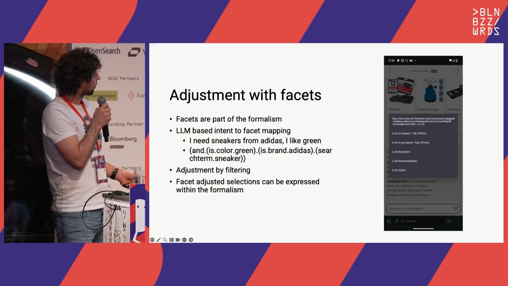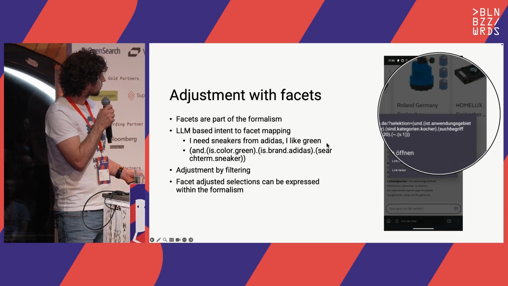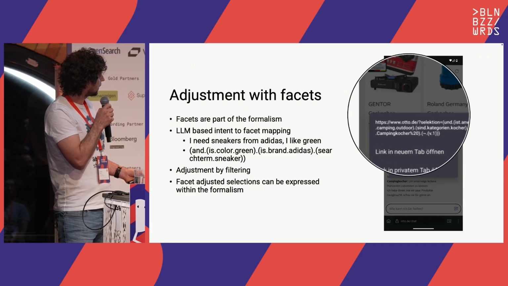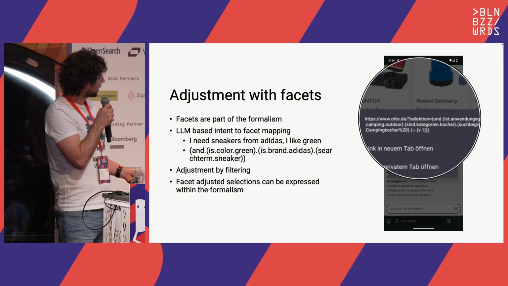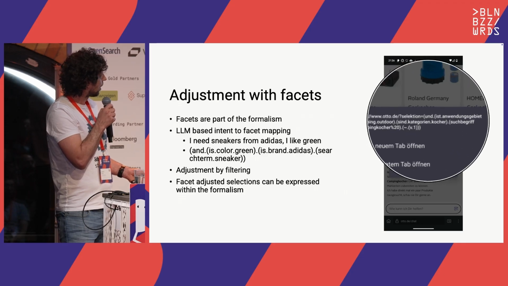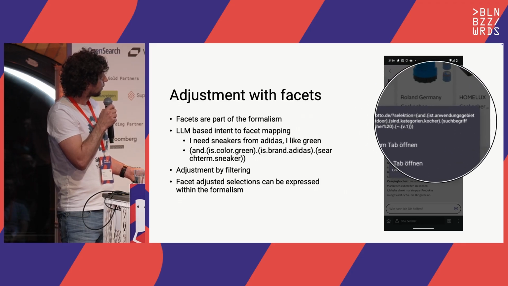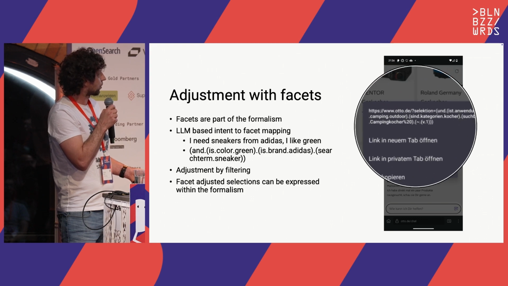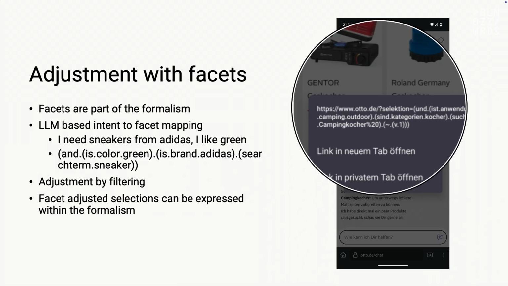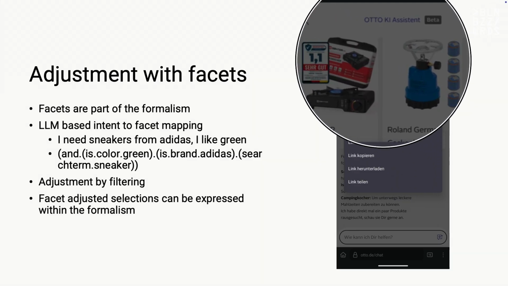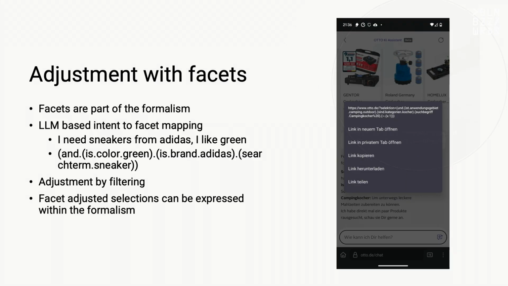Let me show you how this could look. Here you see a selection: Anwendungsgebiet camping outdoor, category cooking device, searching camping cooker. So it is already mapped to a category and where it should be used, and it's showing camping cooking devices.